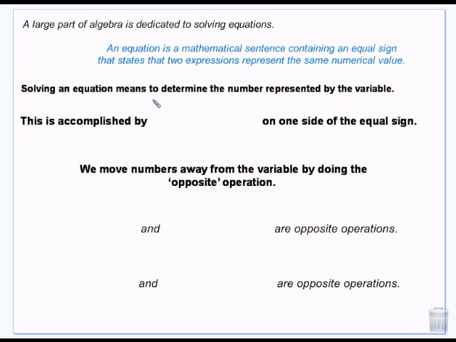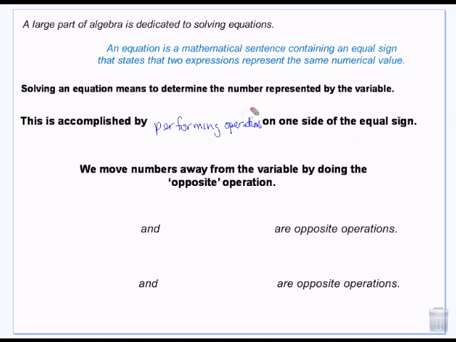Okay, so what we're going to do is find the number represented by the variable. We're doing single-step equations right now. This is accomplished by isolating the variable on one side of the equal sign.